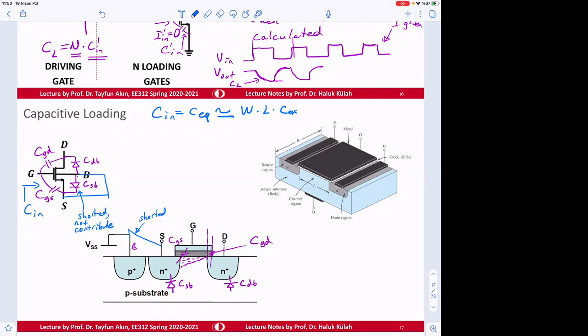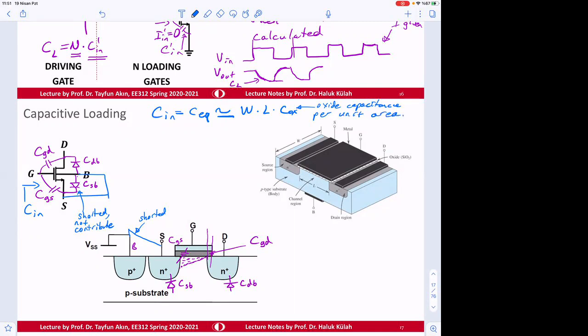The C oxide here is the oxide capacitance per unit area.